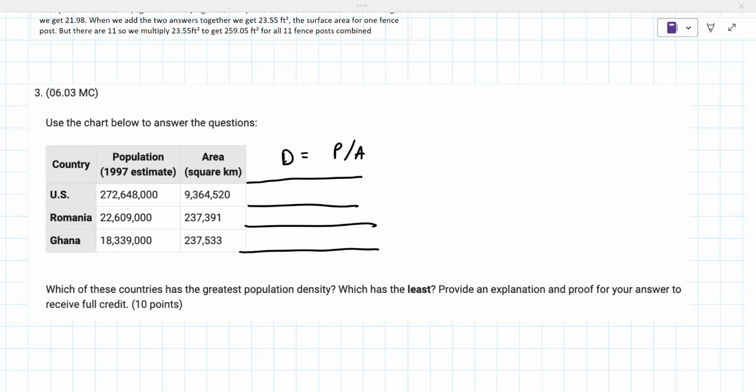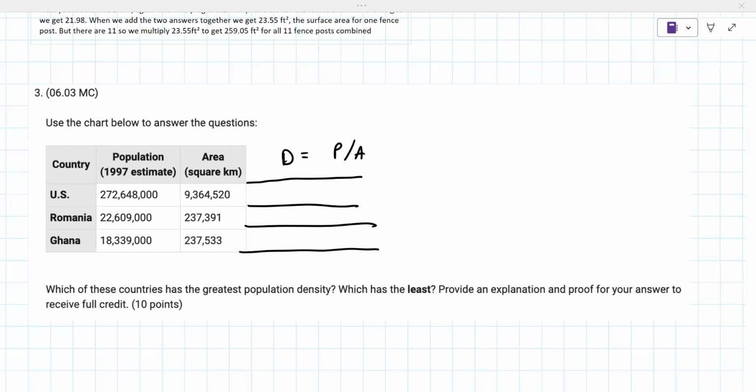US is 29.115, Romania is 95.239, and Ghana is 77.206. So which of these countries has the greatest population density? Which has the least? The greatest would be Romania, and the least would be Ghana.